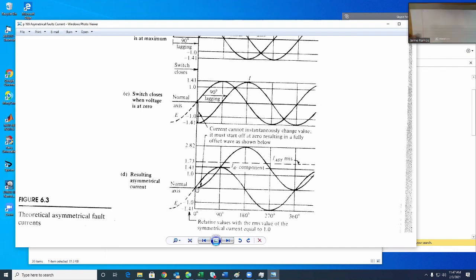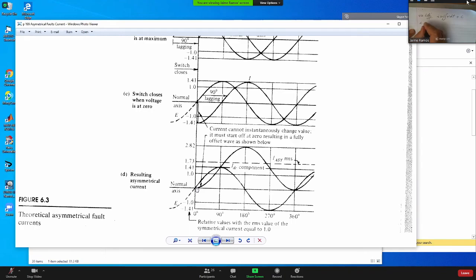It's very easy. If voltage is equal to L di/dt, then current is equal to the integral of 1 over L v dt plus the integration constant. Let's put an indefinite integral.